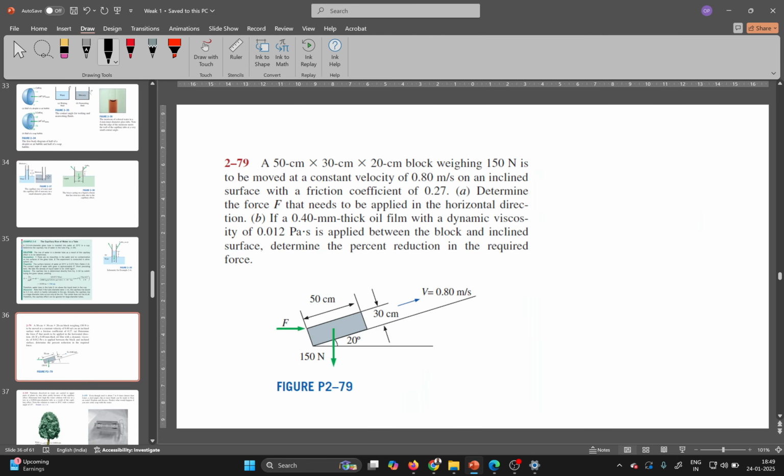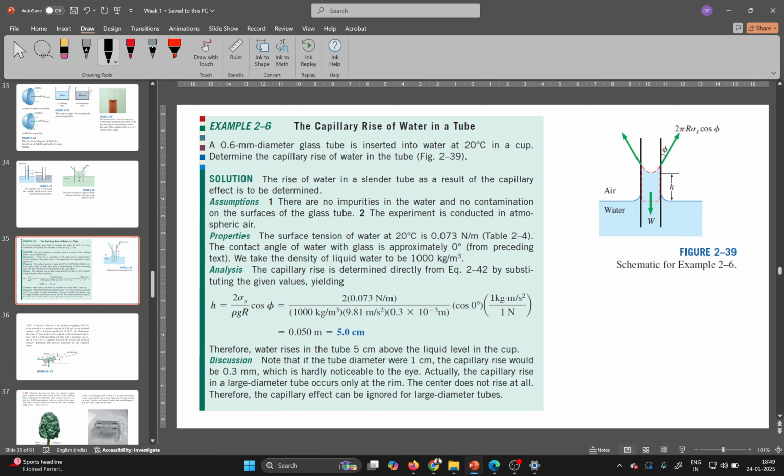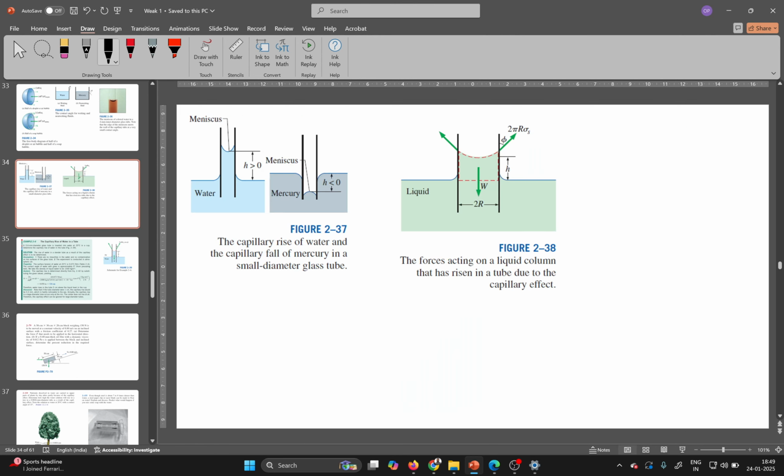So this is a very important question. Okay, this is about the capillary rise. I want to show you the derivation of the capillary rise. Here, this is the capillary.